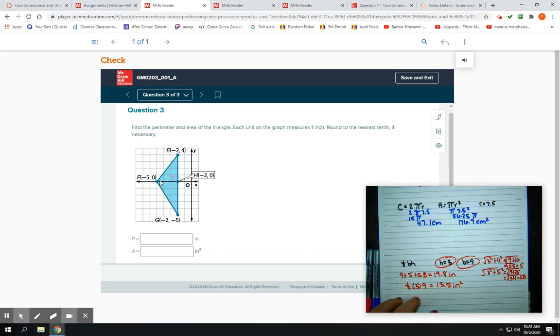And we're in inches squared because it is area. Questions on that one? Okay. Moving on to our next thing then.